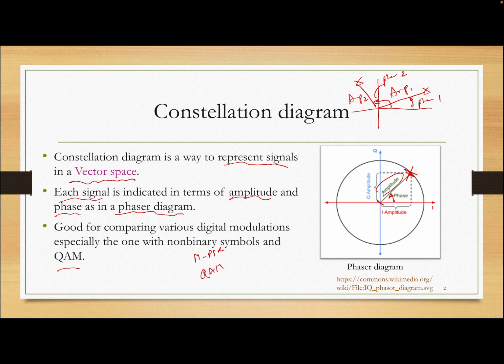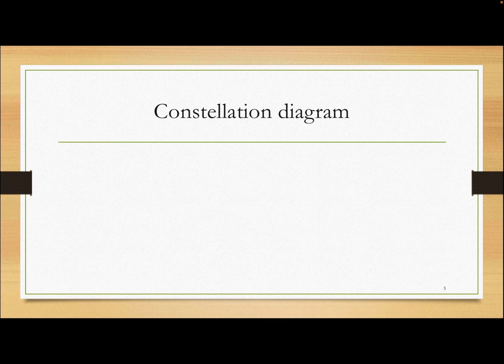Anyway, the mathematical details on how to do the optimum detection in the constellation diagram, and how to plot it correctly with the correct unit, have already been explained in the digital communication class. So we will not repeat that. I will just give you the notion, the idea of how we use this constellation to understand digital modulation more.